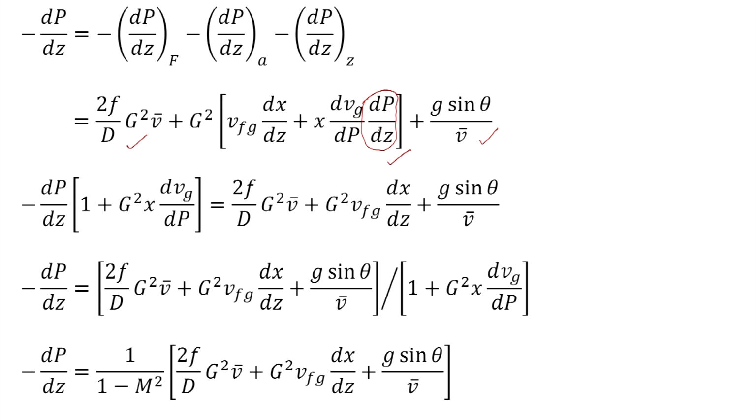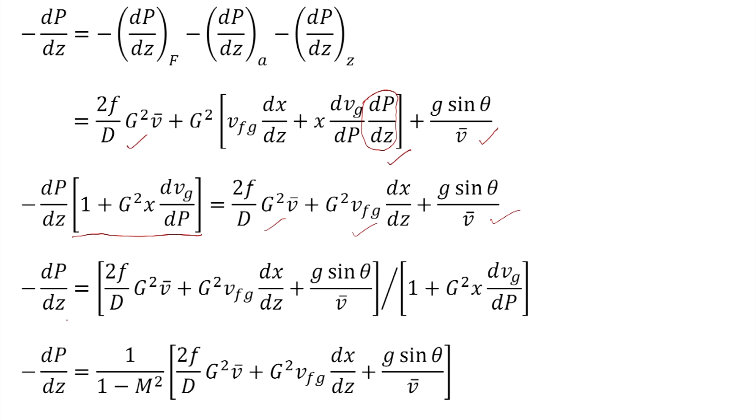So, since dP by dz is unknown, we take it to the left hand side and combine it with the dP by dz on the left hand side. So, we get dP by dz into 1 plus G square x dVg by dP, and on the right hand side we have 2 f by d G square V bar plus G square Vfg dx by dz plus g sin theta upon V bar.